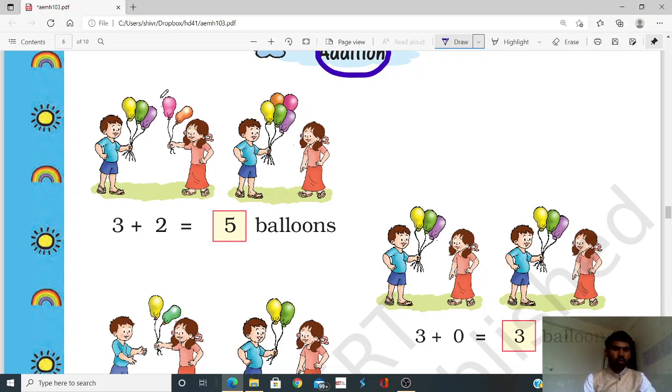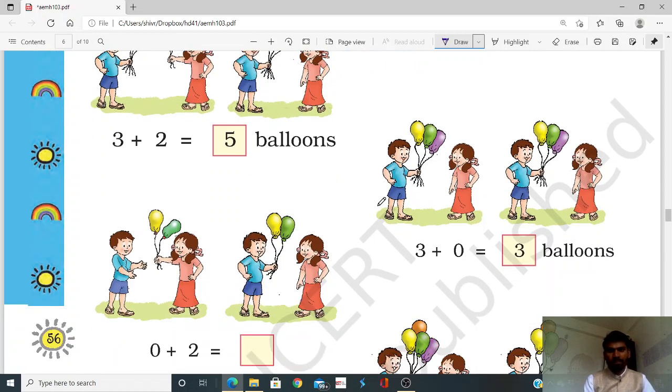Okay, 3 plus 2 will be 5 balloons. Here you can see 5 balloons in the hands of the children. Okay, 3 plus 2 is equal to 5 balloons.